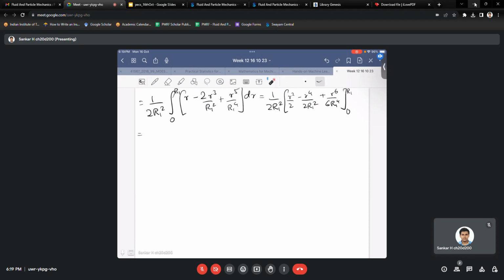So what I did here is very simple. The r power 3 integral will be r power 4 by 4, and that 4 will cancel with this 2 and give you this 2 over here.